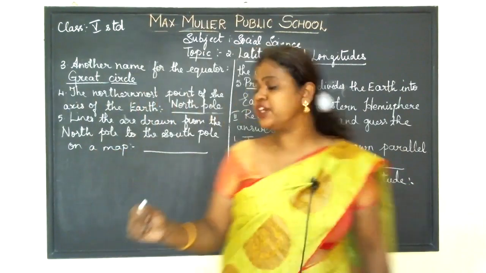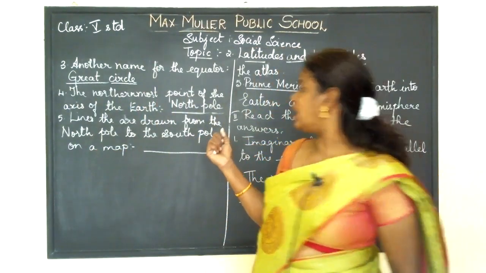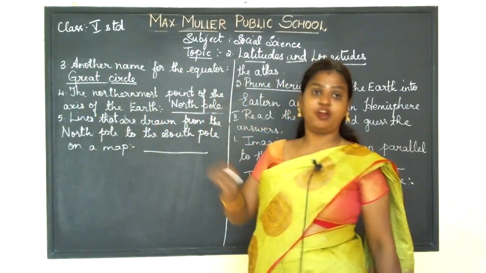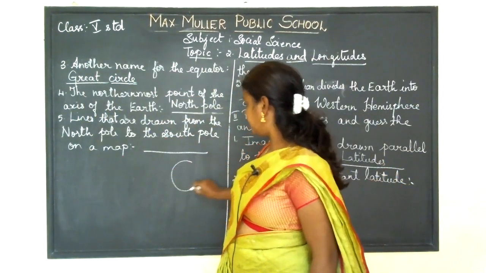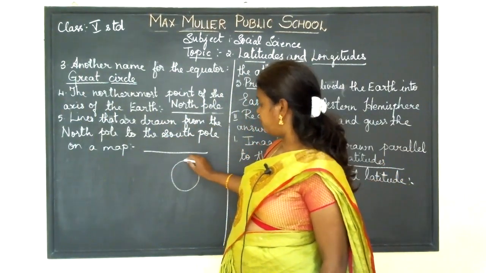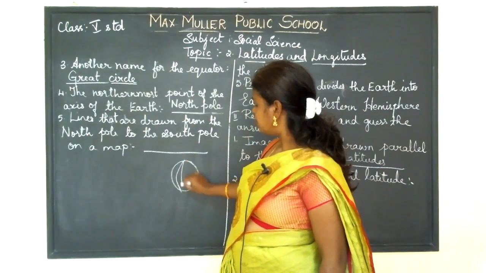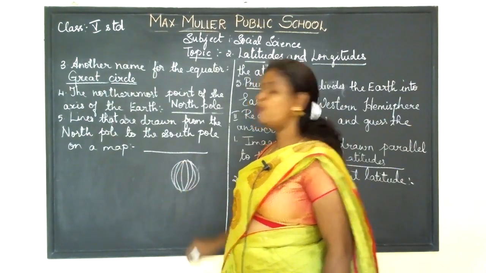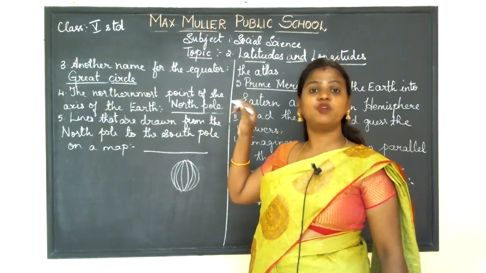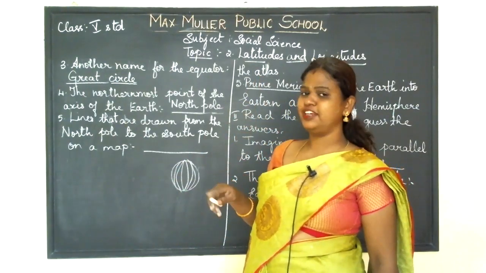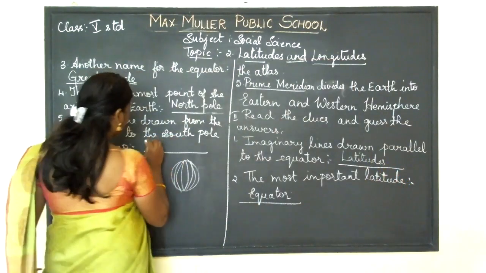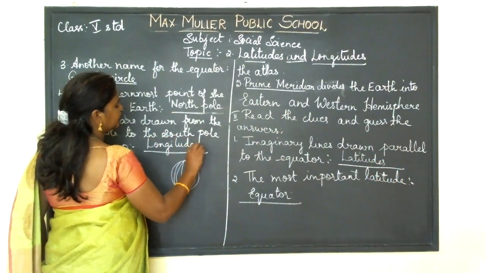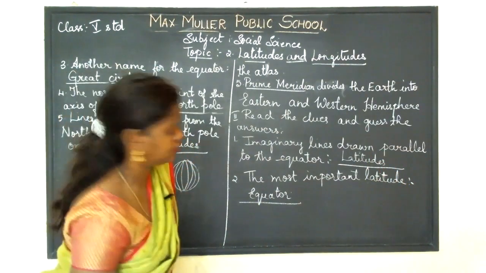What is the question asked over here? See here, this is the earth. The lines which are drawn from the North Pole to the South Pole on a map are called what? The imaginary lines which run from the North Pole to the South Pole are called longitudes. So the answer will be longitudes. LONGITUDES. Longitudes.